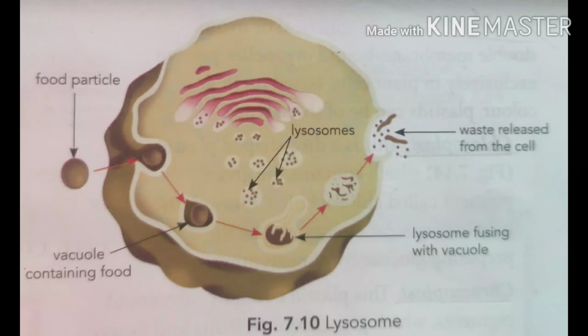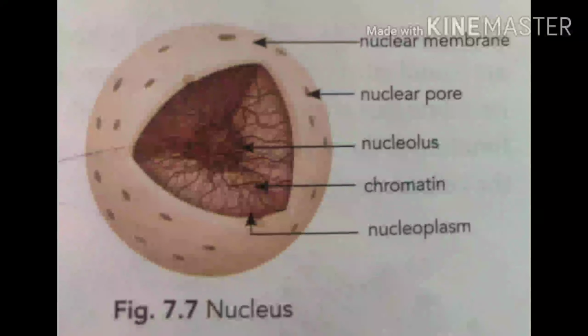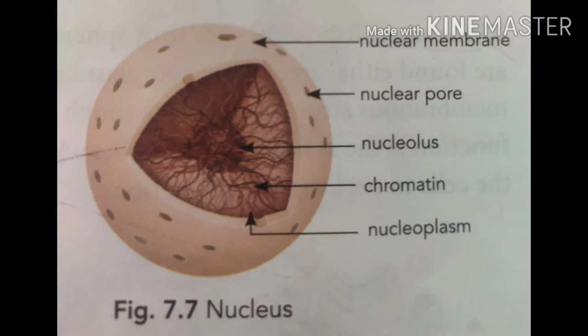Let us move on. Nucleus. Nucleus has nuclear membrane. The nuclear membrane or nuclear envelope is the outermost covering of the nucleus. It serves as boundary separating the nucleus from the cytoplasm. Then next is nucleoplasm. It is the semi-fluid material present in between the nuclear membrane and the nucleolus.